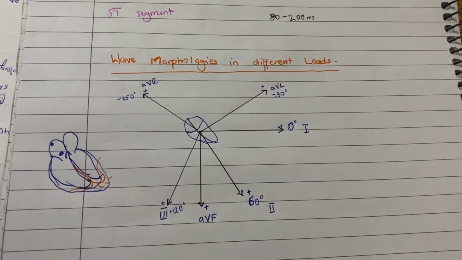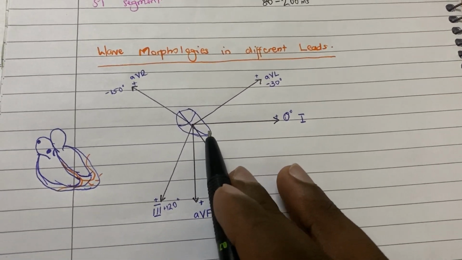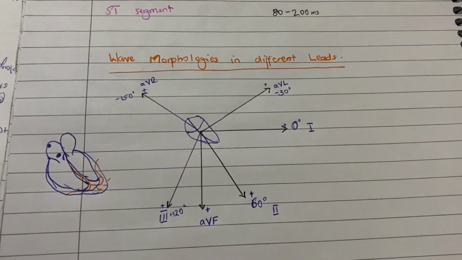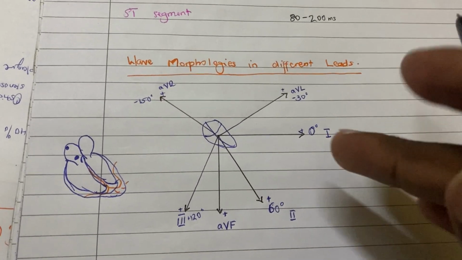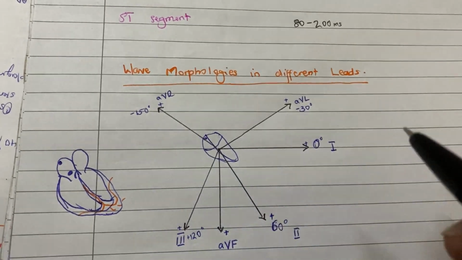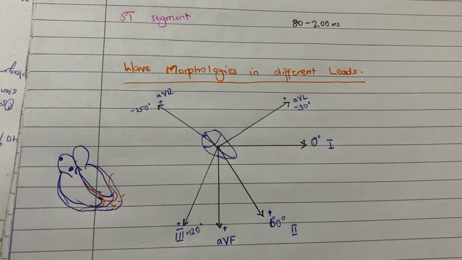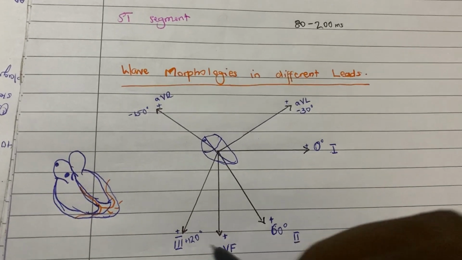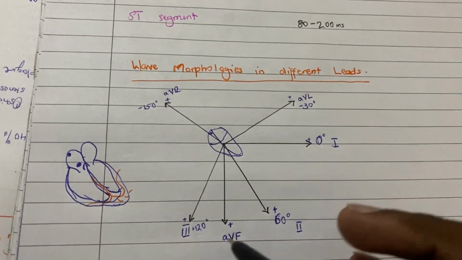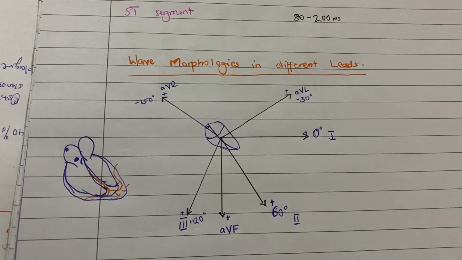It has all those walls anatomically. So the wave of depolarization is directed this way because the apex is towards the left anatomically. This is how the positioning of the heart is. So the wave of depolarization is from the atria going to the left. The positive electrodes of bipolar leads 1, 2, and 3, and also the augmented leads AVL and AVF, are also to the left.